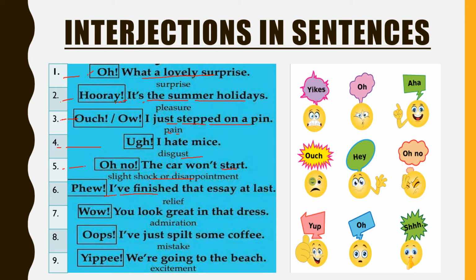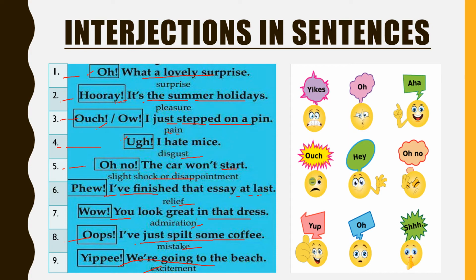"Phew, I have finished that essay at last." That shows relief. "Wow, you look great in that dress." That shows admiration. Next sentence, "Oops, I have just spilled some coffee." That shows a mistake. "Yippee, we are going to the beach." That shows excitement. So these are a few expressions, and for those expressions we use words like oh, hooray, ouch, ugh, oh no, and many more.